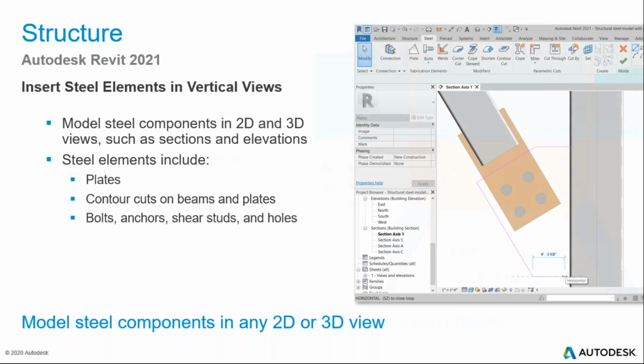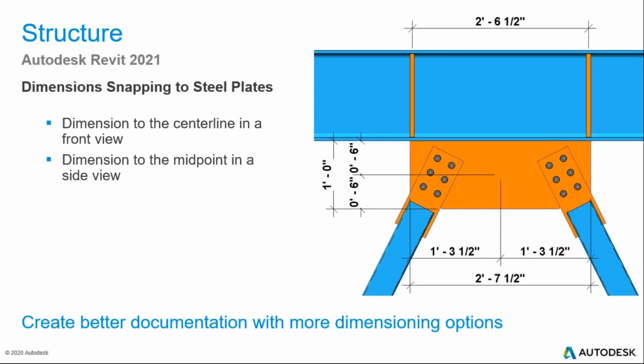When creating engineering drawings for steel connections, you may wish to create dimensions to the center of a plate for more accuracy. In addition to creating edge distances for a steel plate, it is now possible to snap to its midpoint and create dimensions including the distance from the plate edge to its center, both vertically and horizontally.